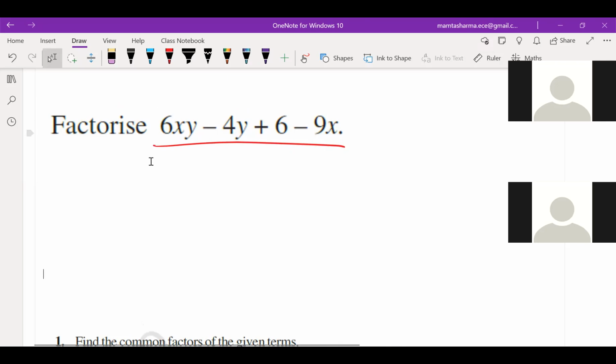Can you see this expression on the screen? 6xy minus 4y plus 6 minus 9x. Yes, ma'am, we can see. So Tanvi, tell me, how will you factorize this expression?